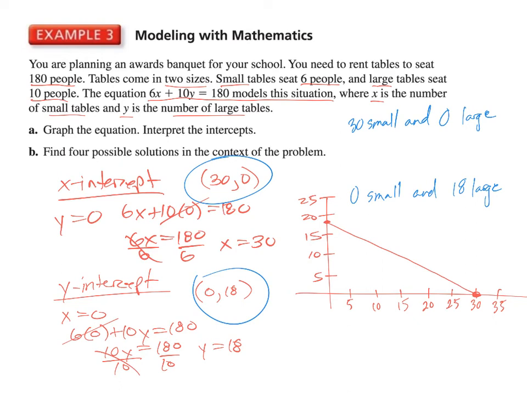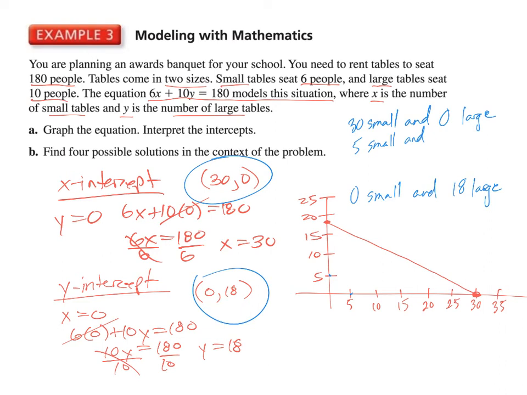So how do you figure that out? Well, let's say there are 5 small tables. Then how many large tables should there be?